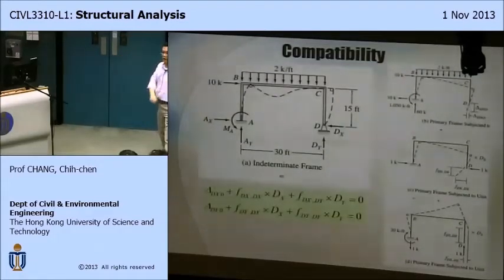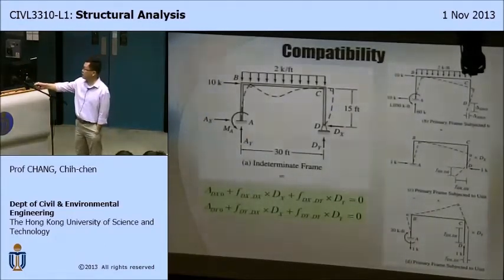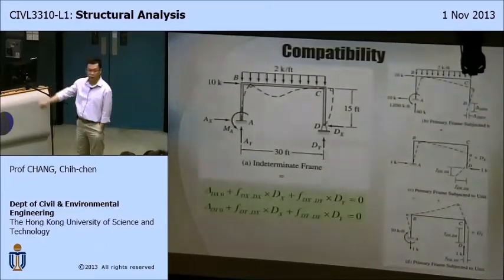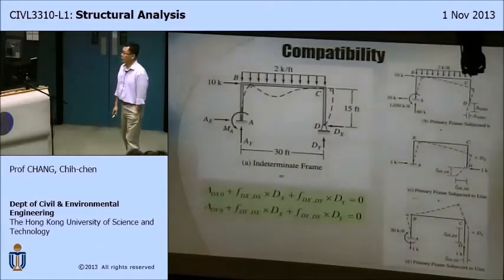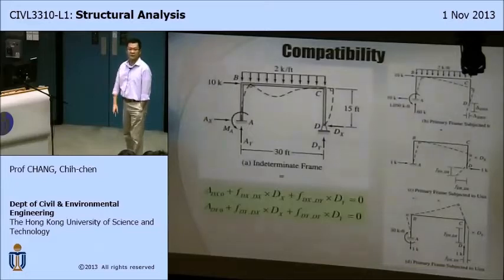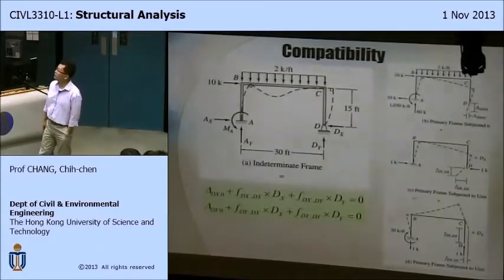So eventually, the compatibility equations go like this. You have 2 unknowns, dx and dy, and these are the flexibility coefficients that you calculated. You need to calculate 4 flexibility coefficients plus 2 displacements under actual loading conditions. So there are a total of 6 deformation calculations you need to perform.